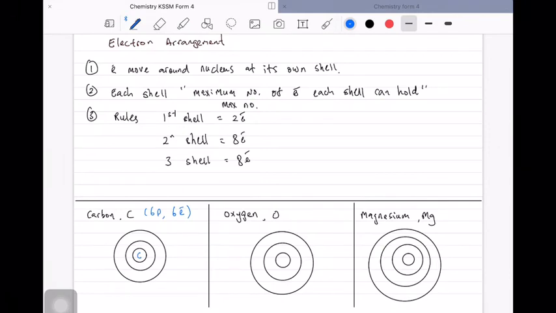The first shell can hold 2 electrons. So how many electrons are left? It has 4 left. The remaining electrons go into the second shell, because the second shell can hold 8 electrons. So the second shell will have 4 electrons.